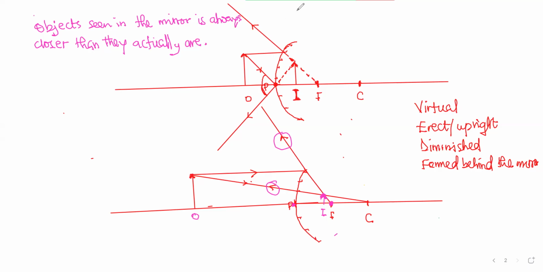Now this most often helps in reverse driving. If you are driving and moving backward, you have to look through the side mirror or the rear view mirror. Whatever you see as the image in the mirror is always closer than the position of the object itself.